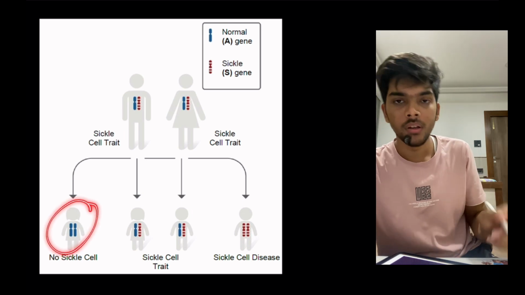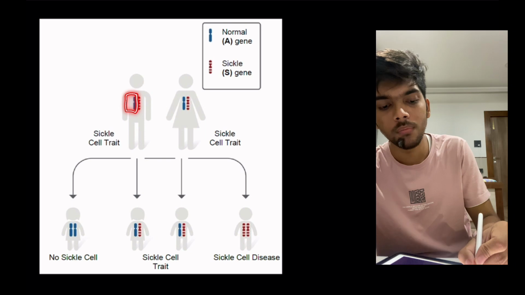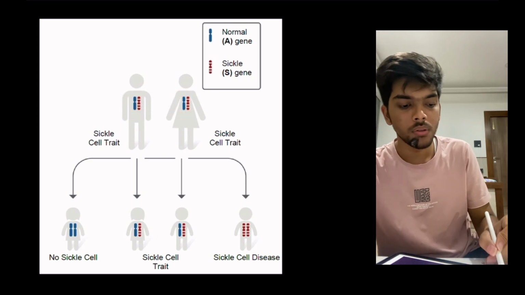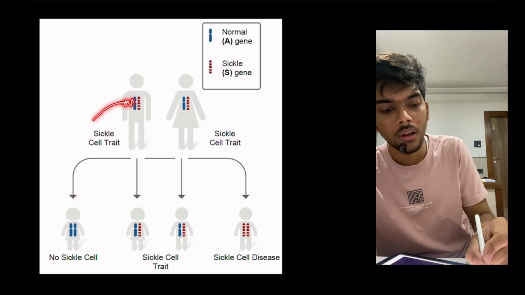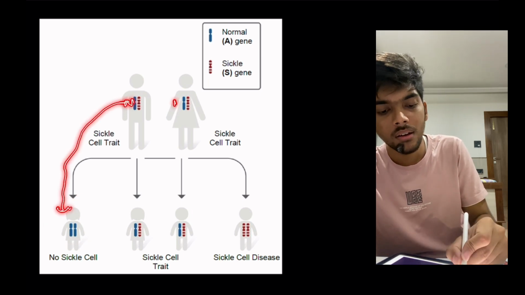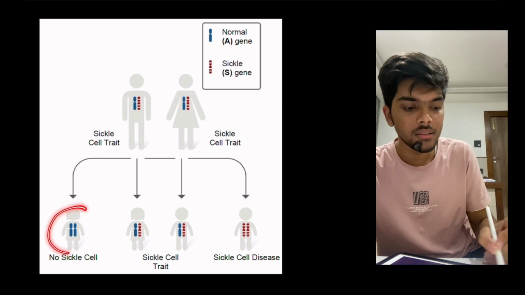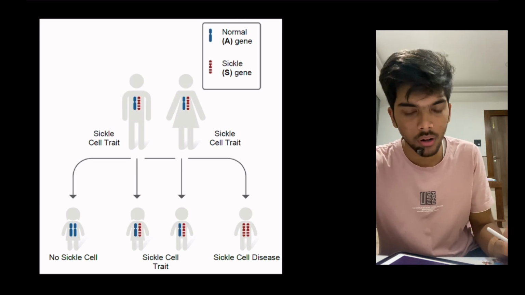You know that an offspring gains 50% of their chromosomes from the father and half from the mother. So this child gets one normal allele from father and another normal allele from mother.